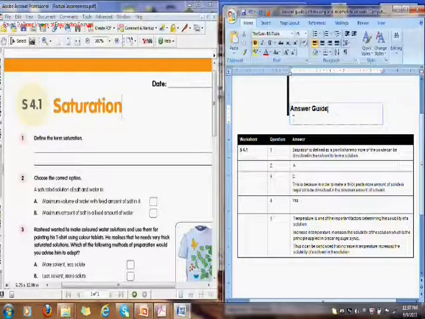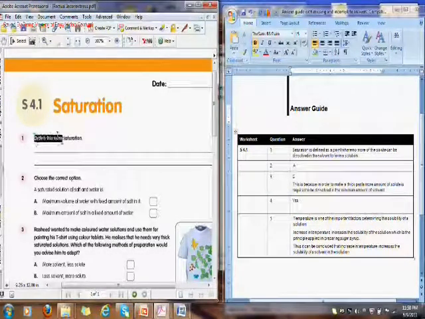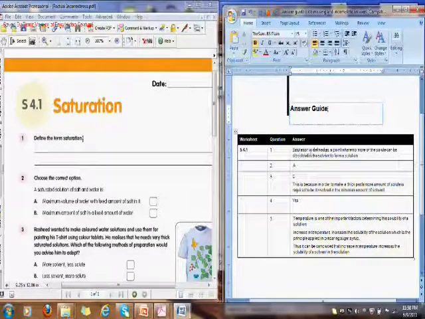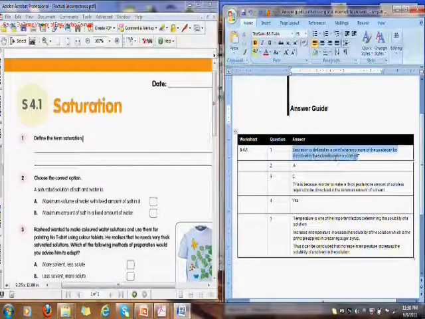So the first question says, define the term saturation. And the answer says, saturation is defined as a point where no more of the solute can be dissolved in the solvent to form a solution. So that is a pretty good answer.